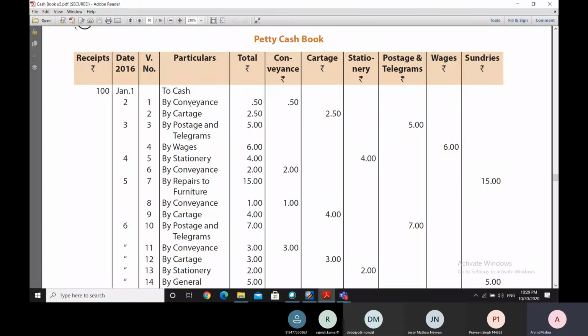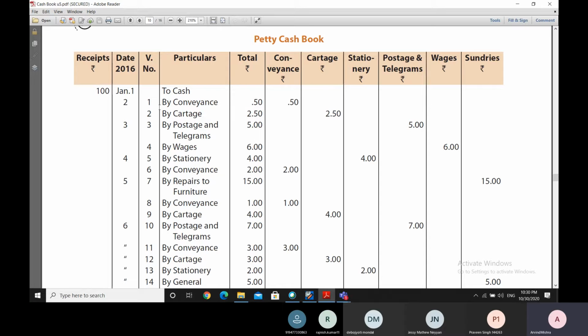And then there is a particulars column, which shows that when we are making a payment from the petty cash book, we are crediting the petty cash book, and we are therefore debiting some other account. So that account which we are debiting, on account of which the payment is made, we write in the particulars column.